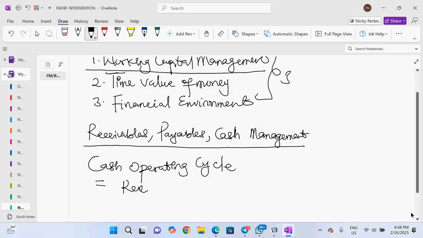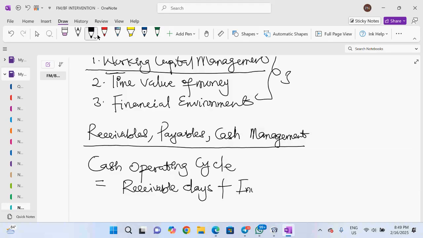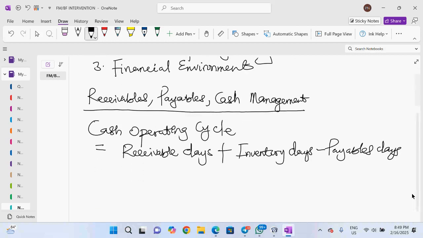That is the receivable days plus the inventory days minus the payables days.